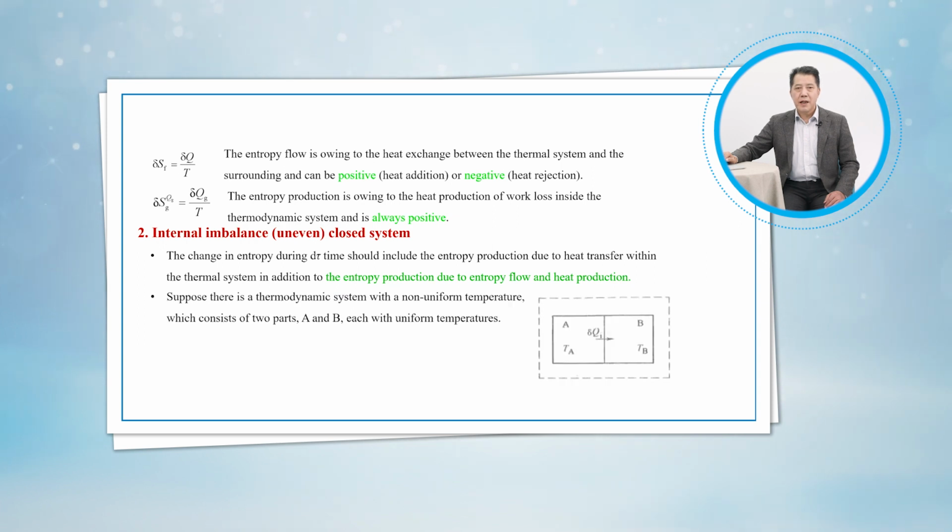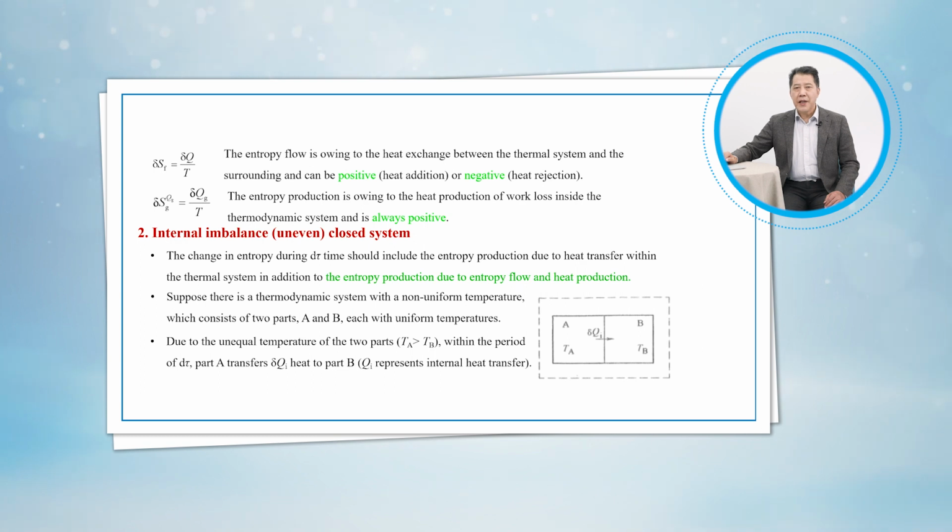Suppose there is a thermodynamic system with a non-uniform temperature, which consists of two parts, A and B, with uniform temperatures.